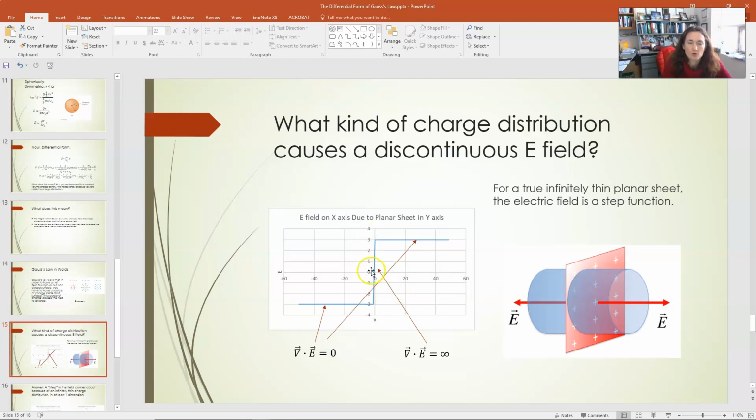Remember that slope is rise over run, and so here we would have a change in rise of 6, but our run is 0. And 6 divided by 0 is infinity. So that means that the gradient right here at x equal to 0, del dot E, is infinity. So we have our step function electric field.